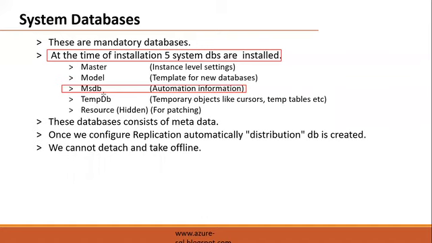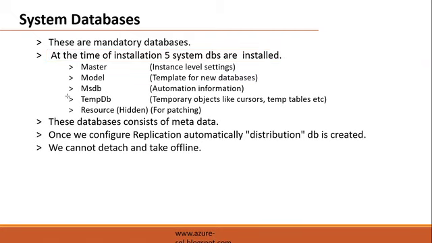Generally we'll create jobs, alerts, maintenance plans, and all these are maintained here in the MSDB database. Another important database we have seen is SQL Server Agent, which uses the MSDB database to implement automation.